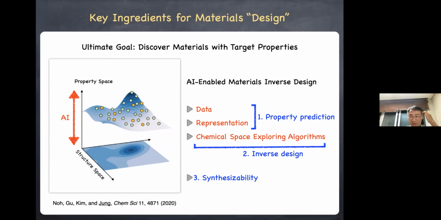Once you have such a tool, the next important task, perhaps much more challenging, is to explore the chemical space to pinpoint the material or molecule that would have such a target property. This is very difficult because the chemical space is essentially almost infinite in practice, so it's almost like finding a needle in a haystack.